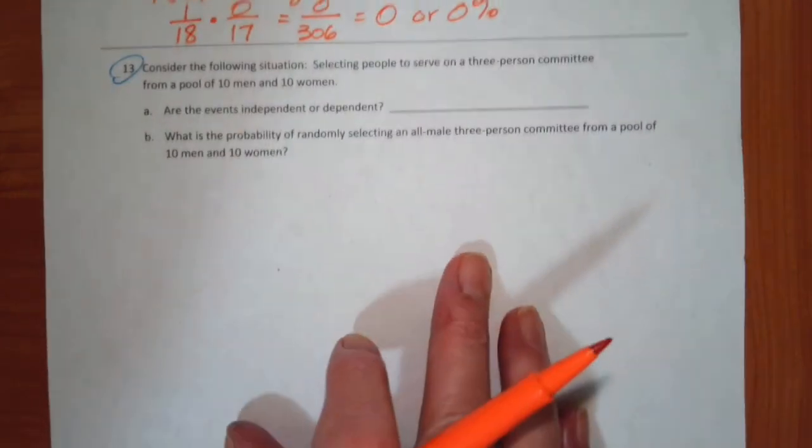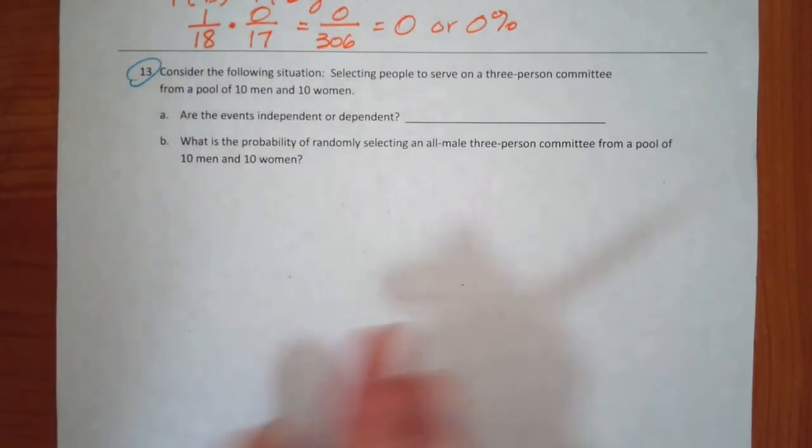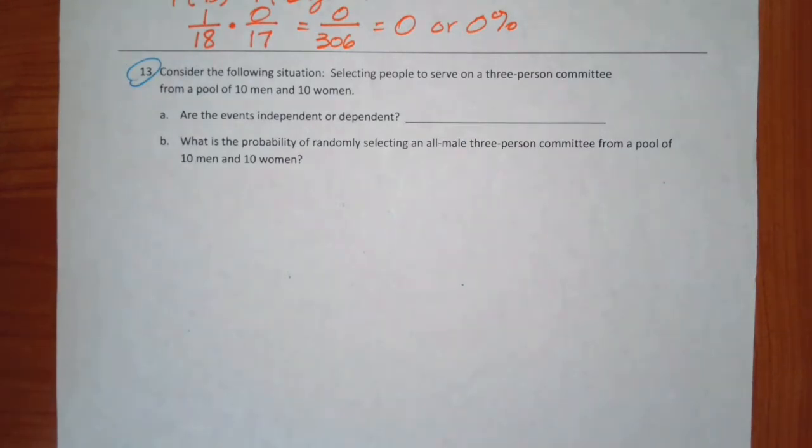Okay, and our last problem. Consider this situation. So you're going to select people to serve on a 3-person committee from a pool of 10 men and 10 women. Now, these people are not in a bag, but they're in a room. Once they've been selected to serve on the committee, they're not going to be selected again.